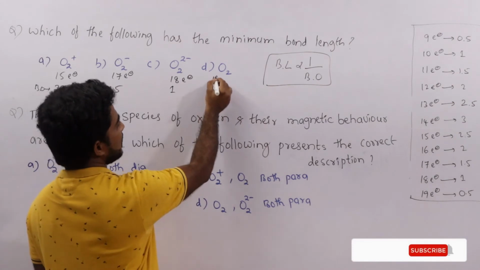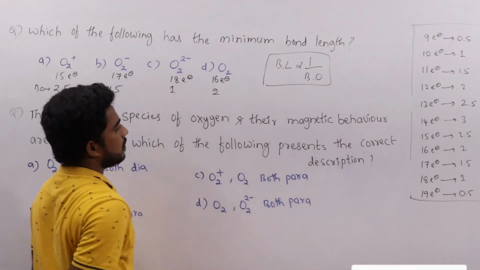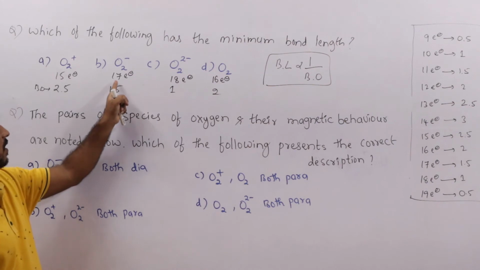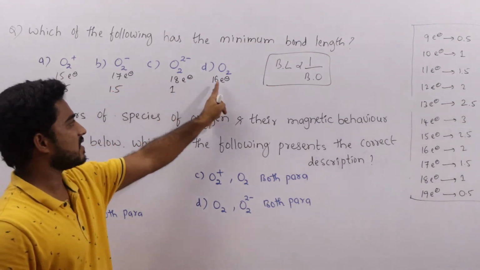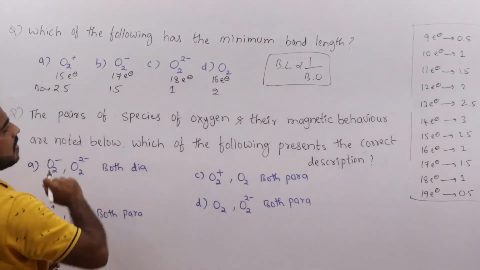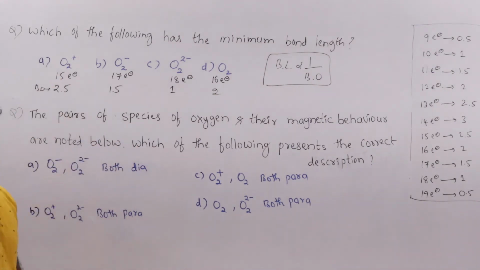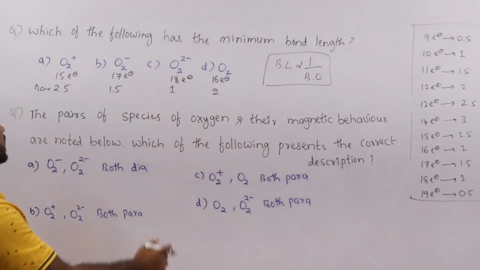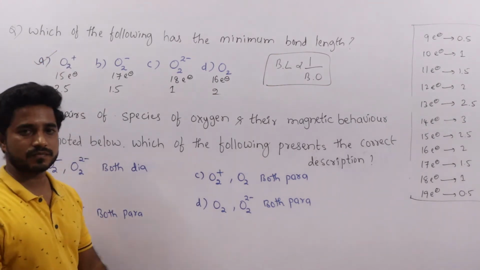For O2 16 electrons, bond order 2. So the 15 electron species has 2.5, the 17 electron species 1.5, the 18 electron species 1, and the 16 electron species 2. Which one has more bond order? O2 plus. More bond order means less bond length, so the minimum bond length is in O2 plus, and option A is correct.